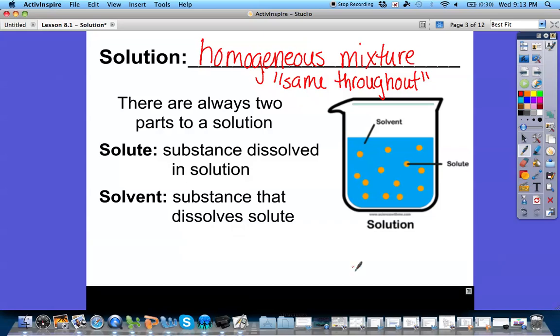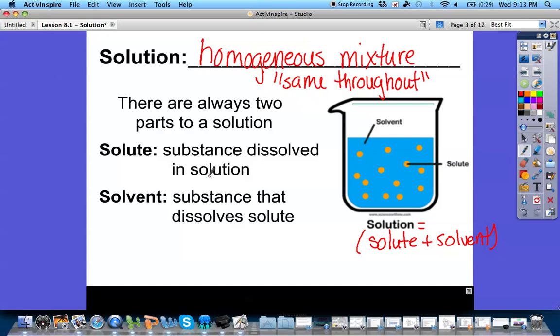So here I have a diagram of a solution, and that solution is equal to the solute plus the solvent. In our picture, the solute is shown with the orange dots, and the solvent is the blue.